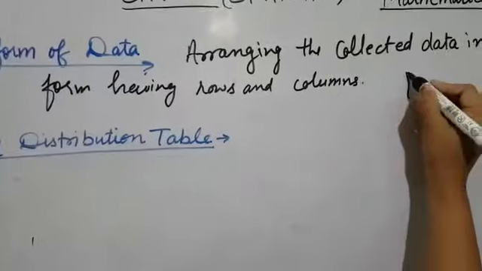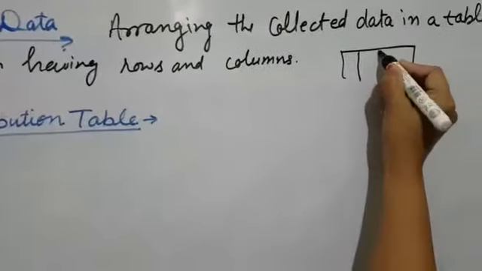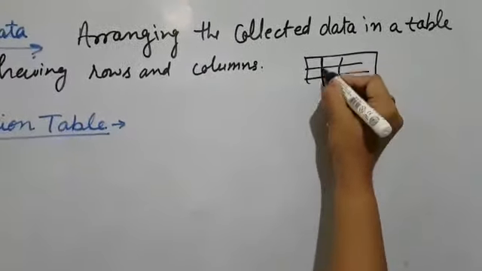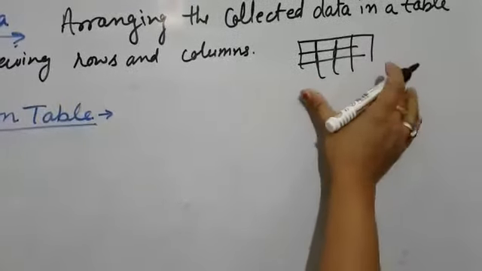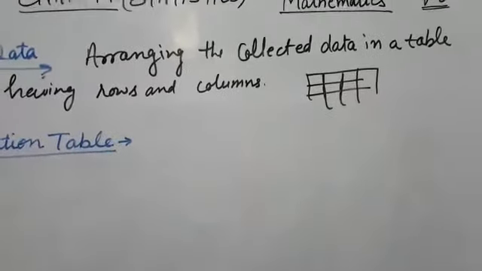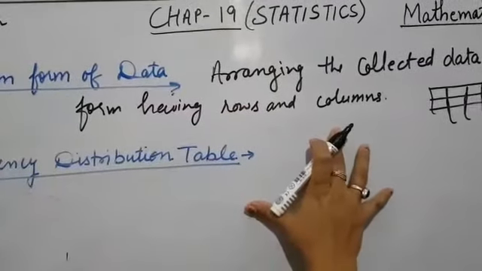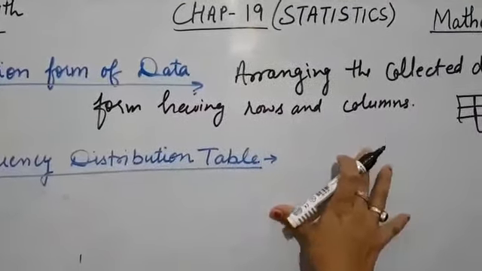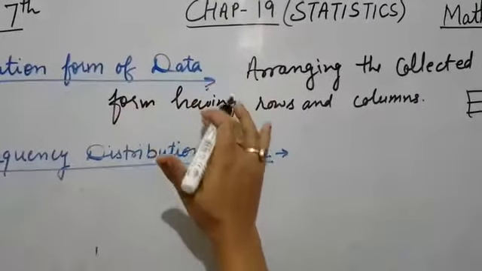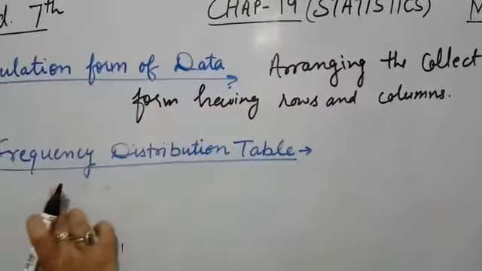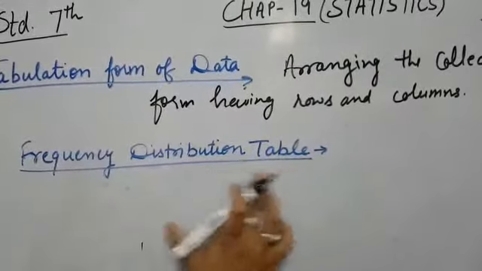Like this, these are the rows and these are the columns. Arranging the data in a table form is called the tabulation form of data, which makes the given information very easily understood. Under this heading comes the most important term, frequency distribution table.